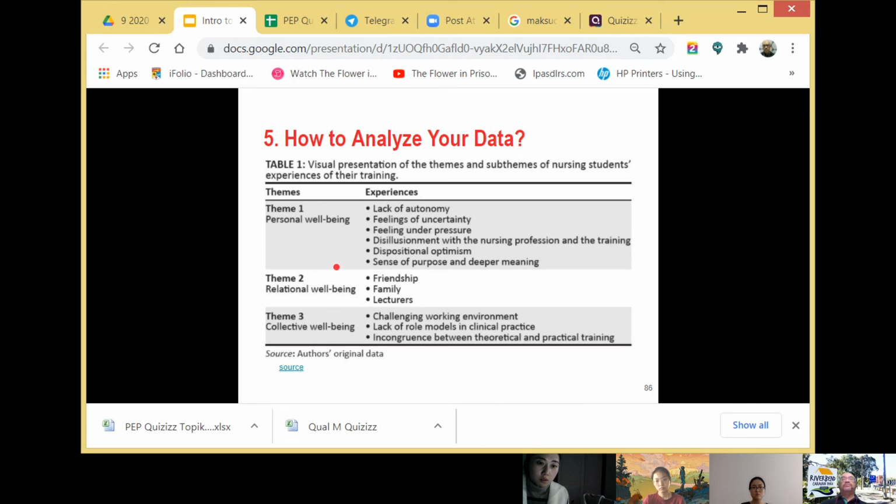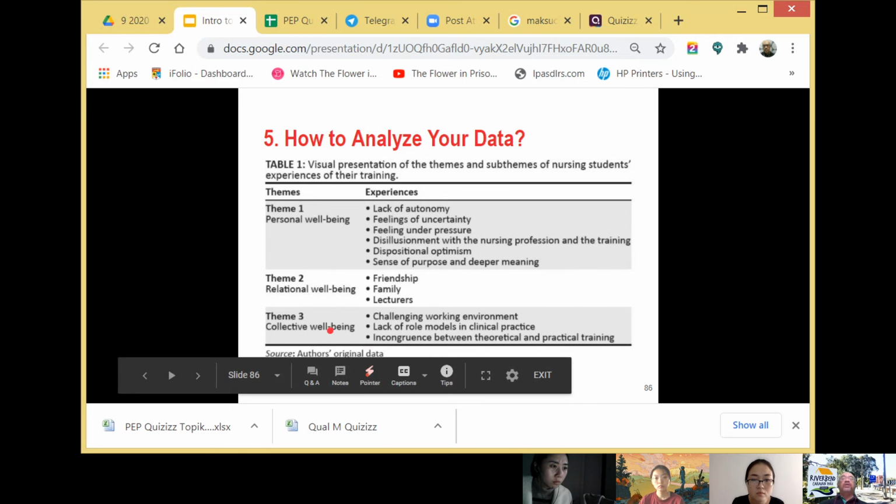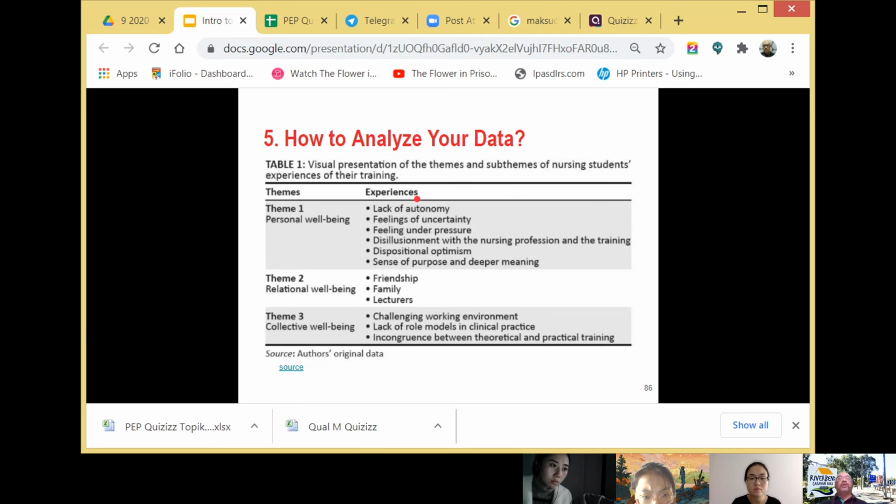You see things like this. Theme 1, personal well-being. Theme 2, relational well-being. Theme 3, collective well-being. These are among the examples of your result. You get these themes because whenever you interview, you have these sub-themes, the experiences told by your respondents.